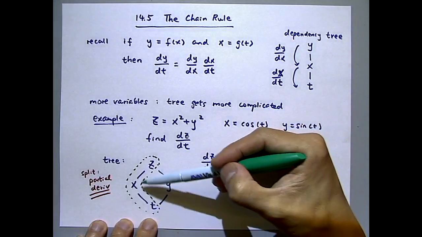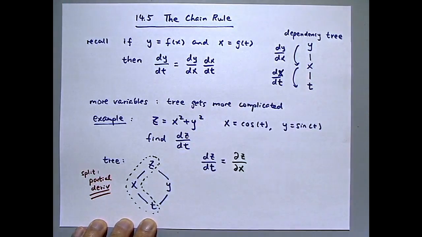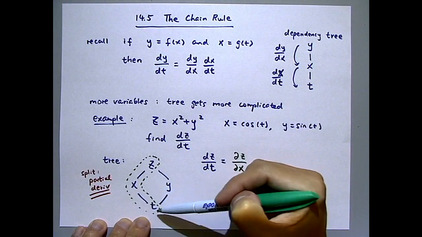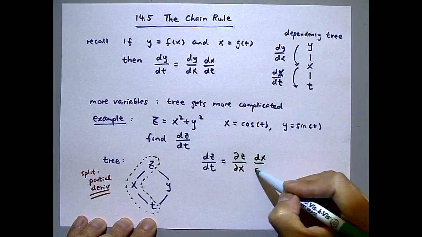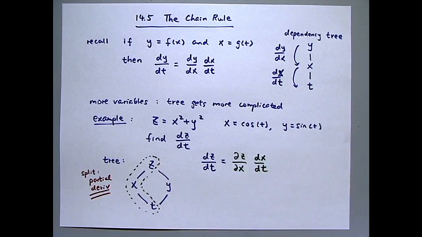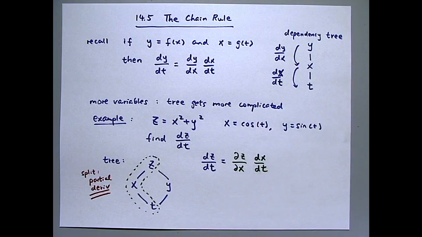Then we need to capture how x is affected by t. But x only depends on one variable. There's no split here. So that's a regular derivative. So we got funny d and regular d's mixed together. Funny looking d is when there's a branch. When there's no branching, you use a regular derivative. So that accounts for how z is changed by x and then changed by t.